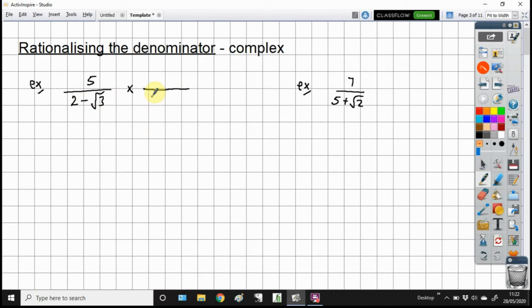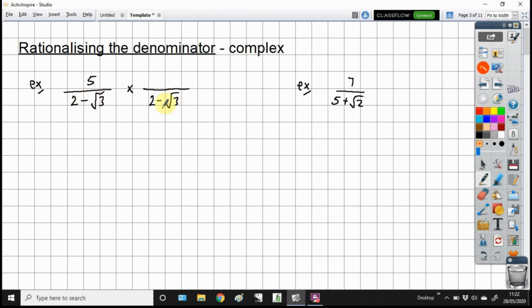So they automatically write 2 minus root 3. And then they automatically write 2 minus root 3 up here as well. And it doesn't work. Because the rule is not to put here whatever you see here. Rather, the rule is to put something here that will do the job of getting rid of the surd.